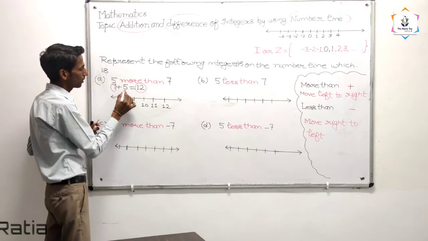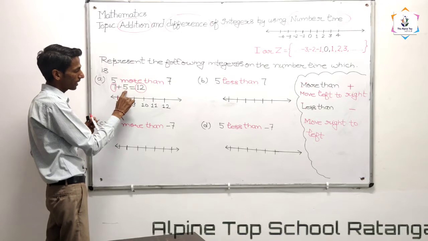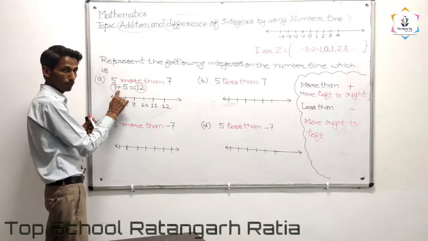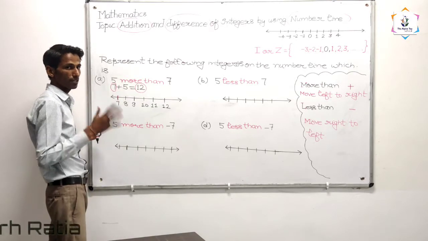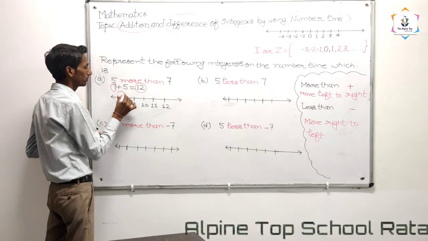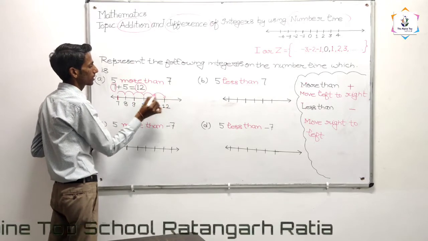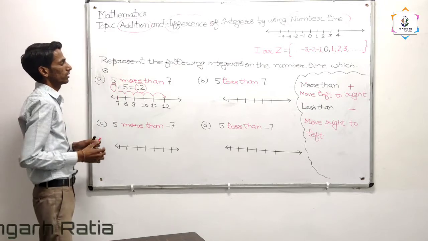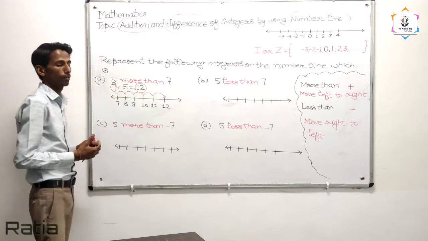How many steps? According to the second number, which you have added to 7, the number is 5, and before 5 there is a plus symbol. You have to move right hand side, 5 steps like this way: 1, 2, 3, 4, 5. Dear students, this is the way to represent the addition and differences of integers on the number line.